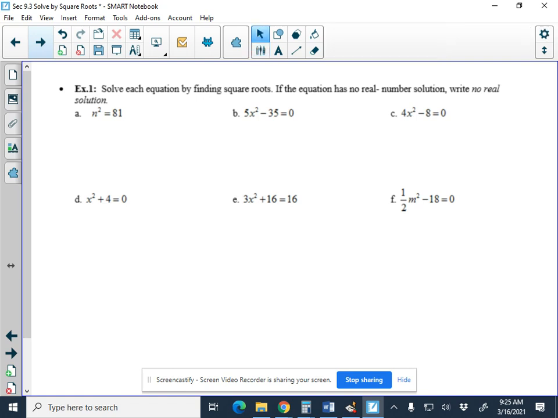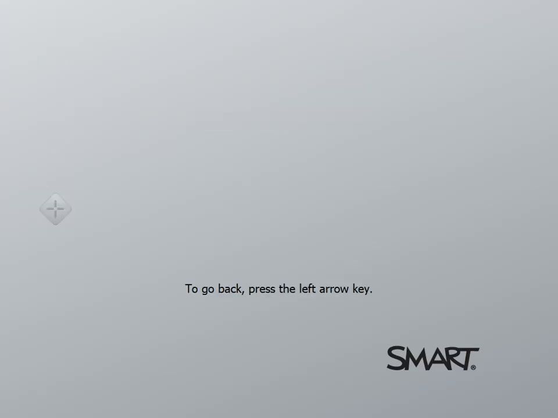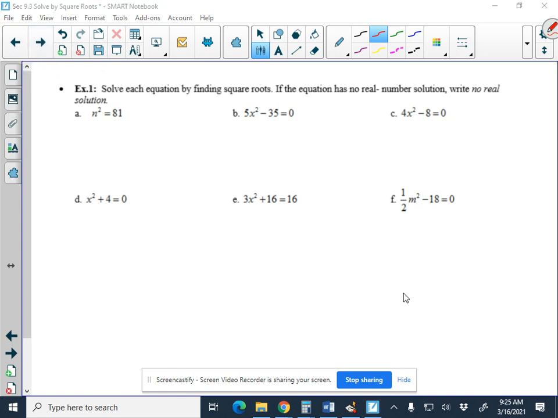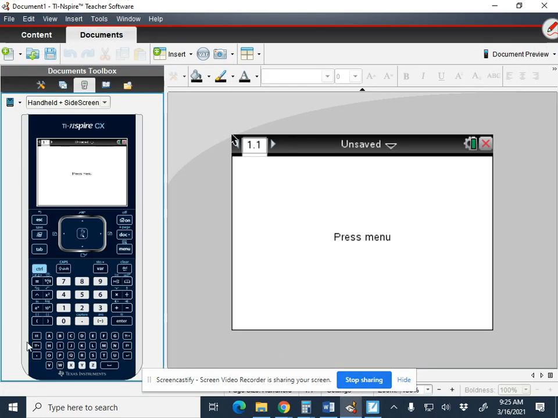So in here, real quick calibration. This says n squared equals 81. So if you took your calculator and looked at your calculator screen, it actually tells you the inverse.